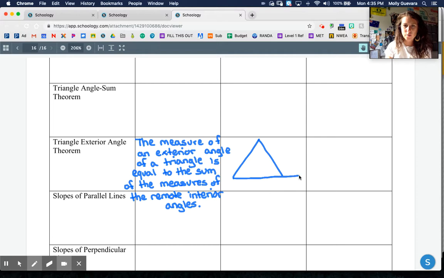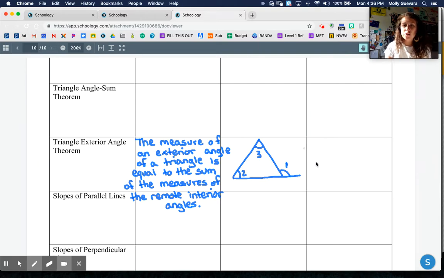If I extend one of those sides out, and let's call this angle 1, that is my exterior angle, right? Angle 1. The remote interior angles are the other angles inside that triangle that do not share the same vertex.